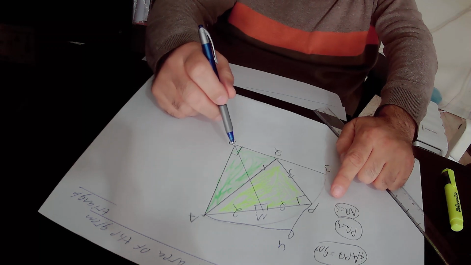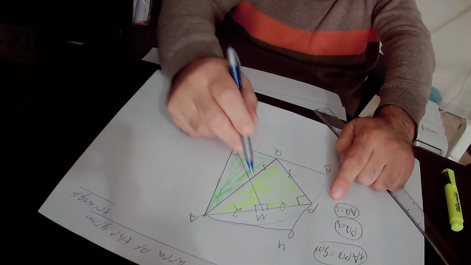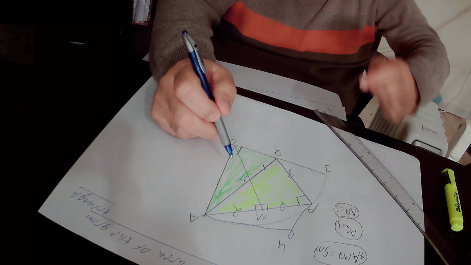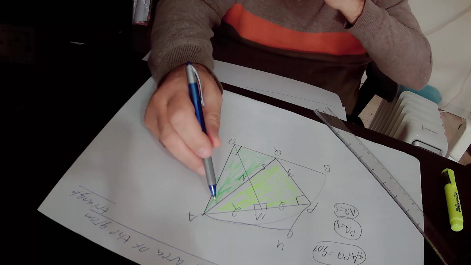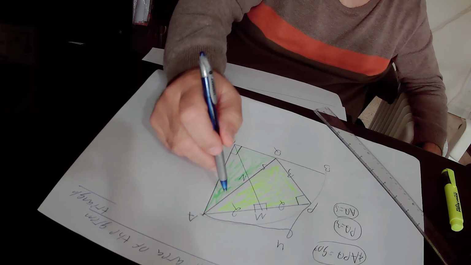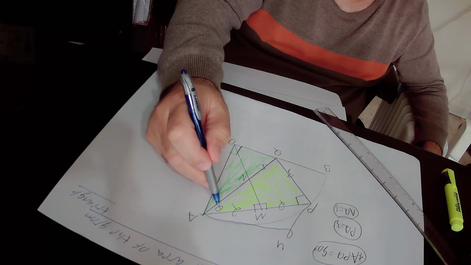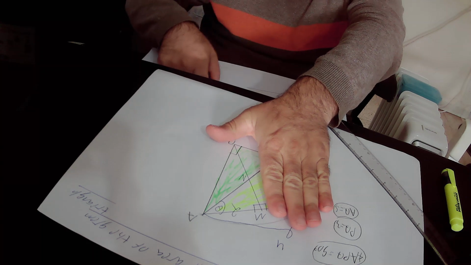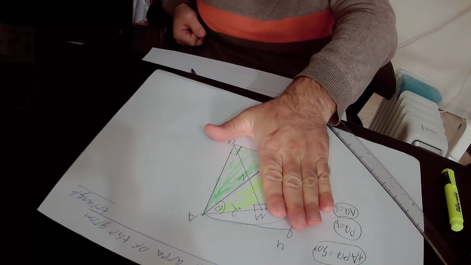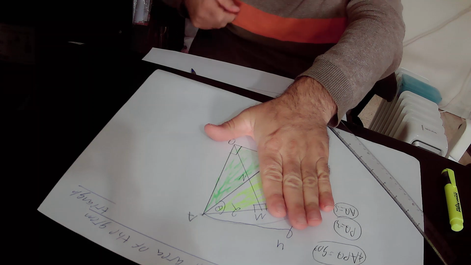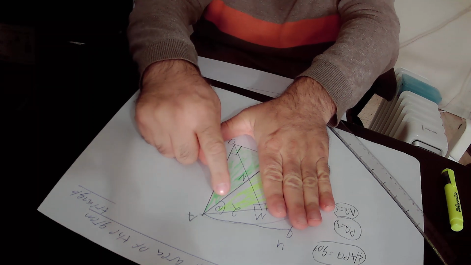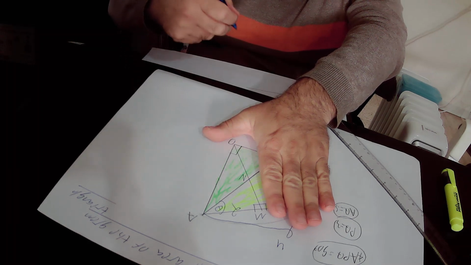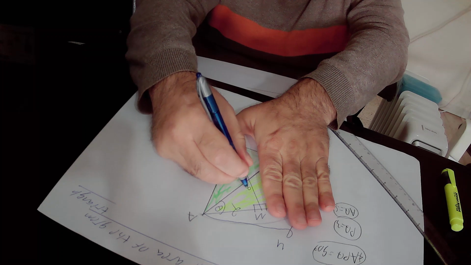We define the intersection point between perpendicular MO and line segment AQ as N. We define this angle AM and as theta. If we focus on this right yellow triangle AMN, this angle equals theta. This angle equals 90 degrees, therefore the missing angle must be equal to 90 degrees minus theta.